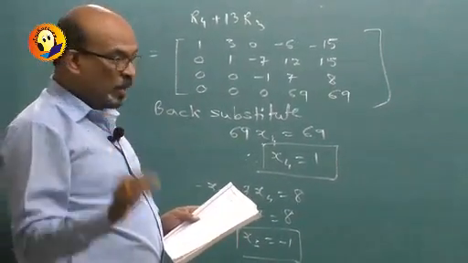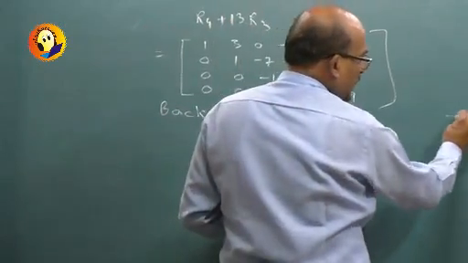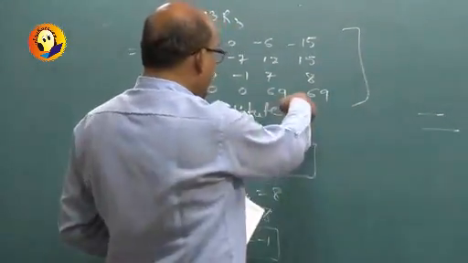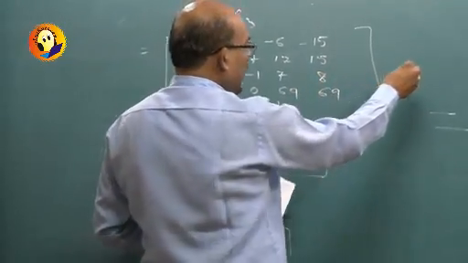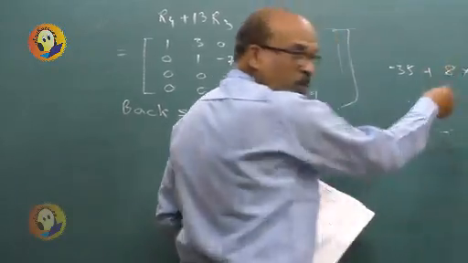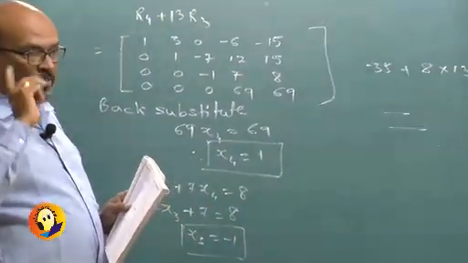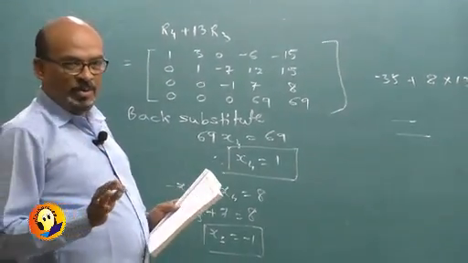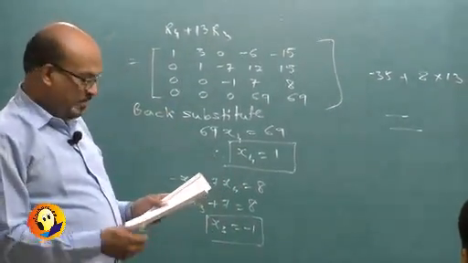So it is always better to write the things side by side, what you are doing. I mean calculations also. Like here it was something like that we were doing, like minus 35 plus 8 times 13. You do it. So you know what you are doing, right?